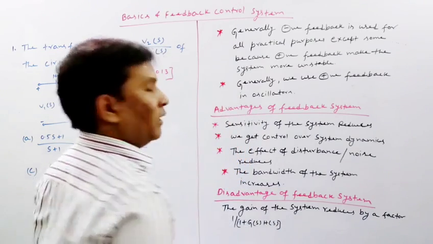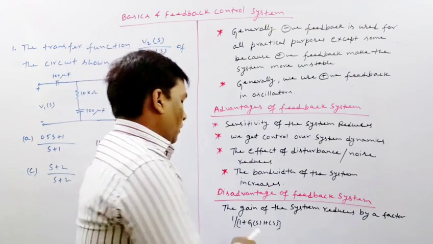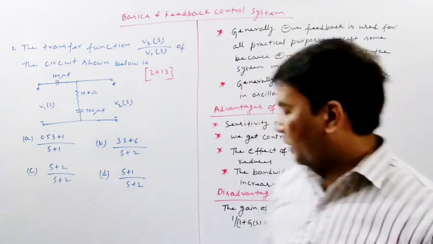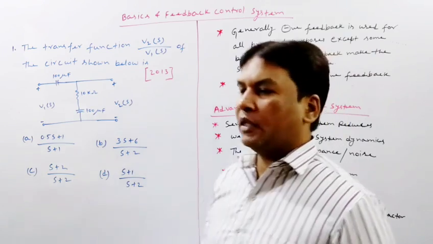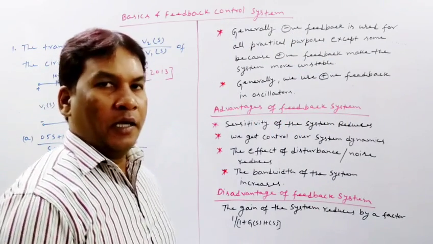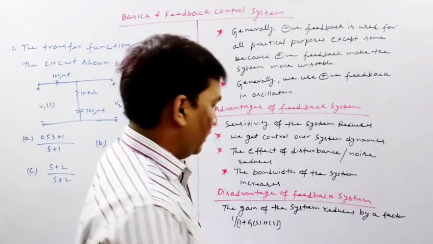Here I have taken the negative feedback case. So this is the disadvantage, that the gain reduces by the factor 1 by 1 plus G(s) H(s). But this could be compensated by making the desired open loop gain K.